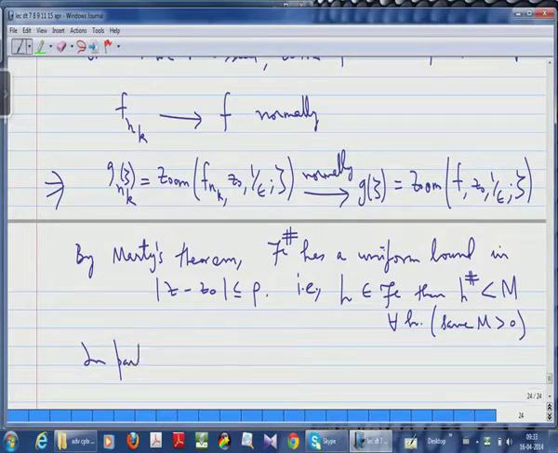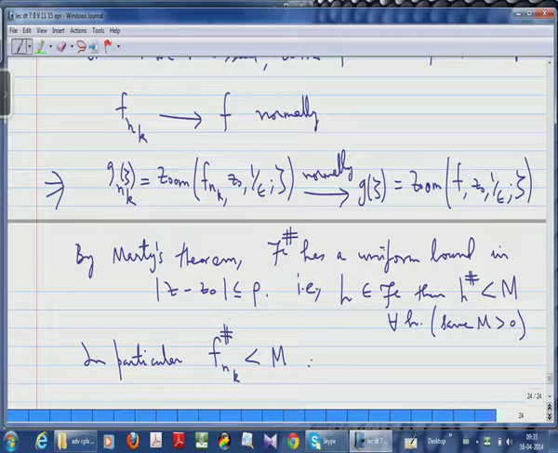So it applies also to the f_n case. In particular, you will have that f_{n_k} hash, the spherical derivatives, are going to be bounded by M, because all these f_{n_k} are anyway in the family.